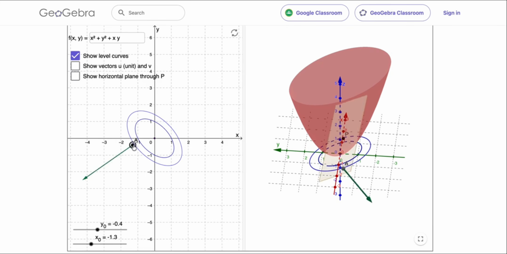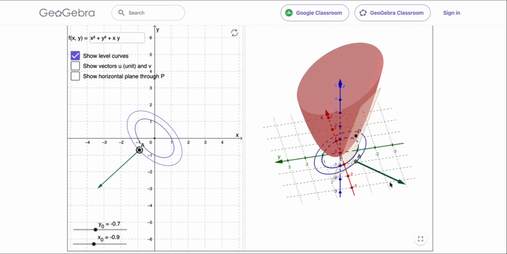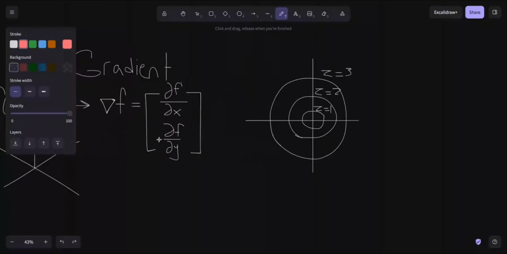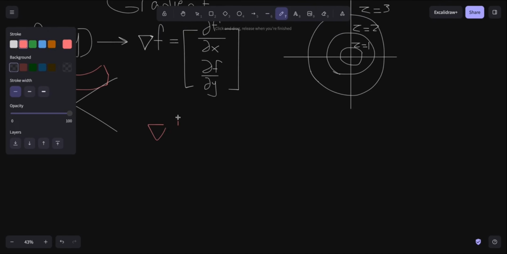Now notice how the gradient vector, which is seen in green, stems from the point A. Notice how it's always perpendicular to the level curves. All right. So let's actually write this down. The gradient, or del f, is going to be perpendicular to the level curve.